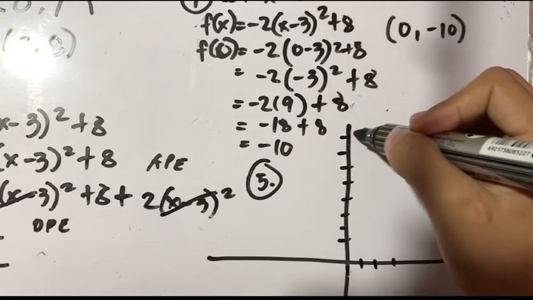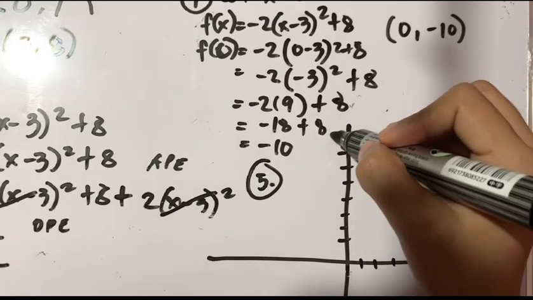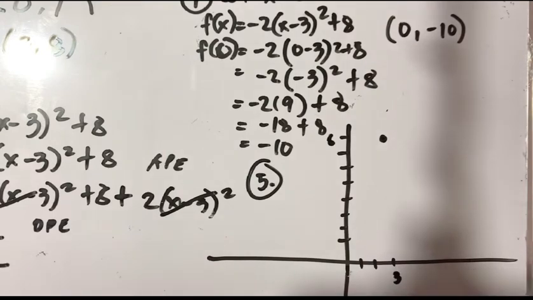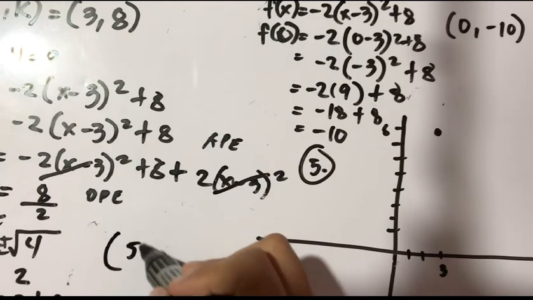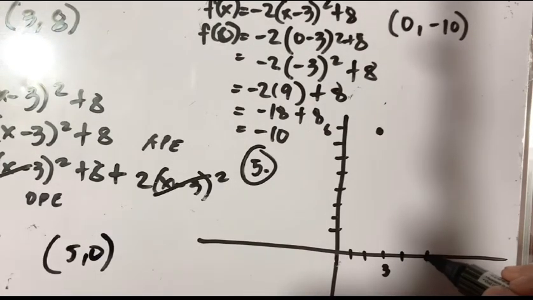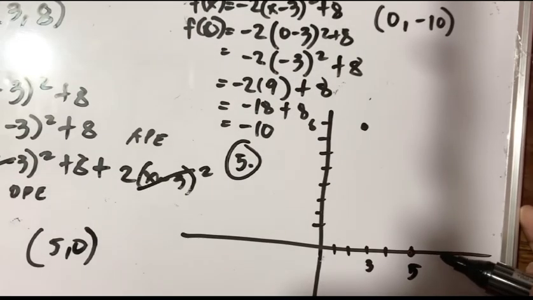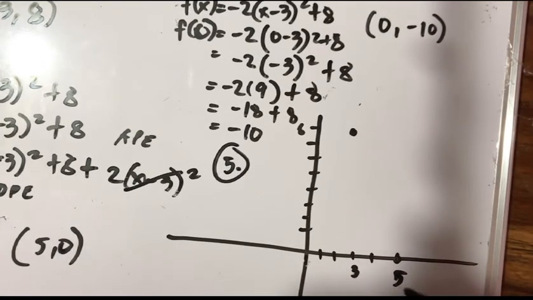So, this is where they intersect. This is 8 and this is 3. That is our vertex. The x-intercept, we have 5 and 0. So, 3, 4, 5. This is where the x-intercept is found. And we have the y-intercept, 0 and negative 10. 1, 2, 3, 4, 5, 6, 7, 8, 9, 10.